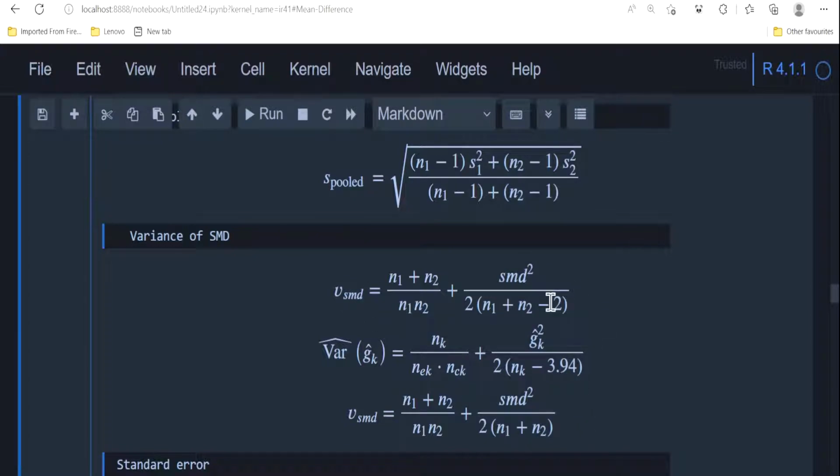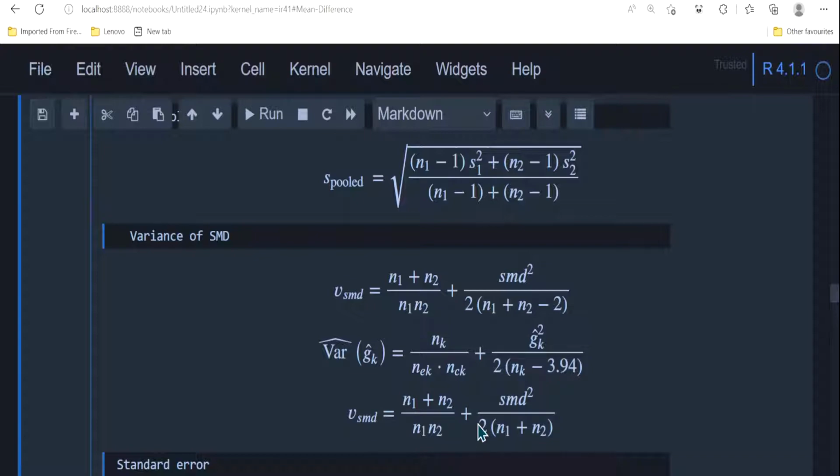Some people calculate it this way. Remember the differences in these equations, I will show you. This g_k is Hedges' g. If you use Hedges' g, this has to be the total, that means N_ek plus N_ck, just as we see here, N1 plus N2 minus 2. So this is one: 2 times N1 plus N2 minus 2. This is the same standardized mean difference, and this part of the equation is also the same. Again, N_k means N1 plus N2. And again here it's different, it's 2 N_k minus 3.94, so that means 2 times N1 plus N2 minus 3.94. Instead of minus 2, they are suggesting to use minus 3.94.